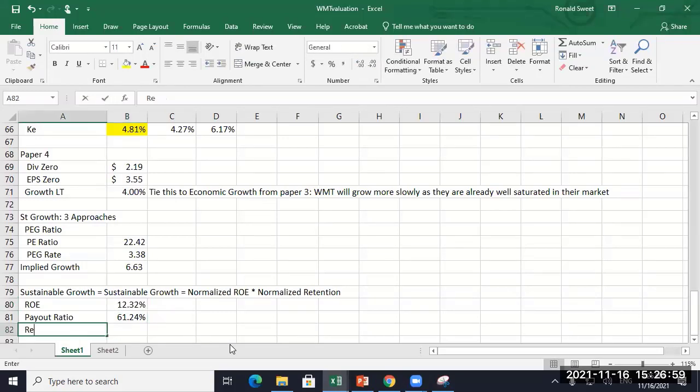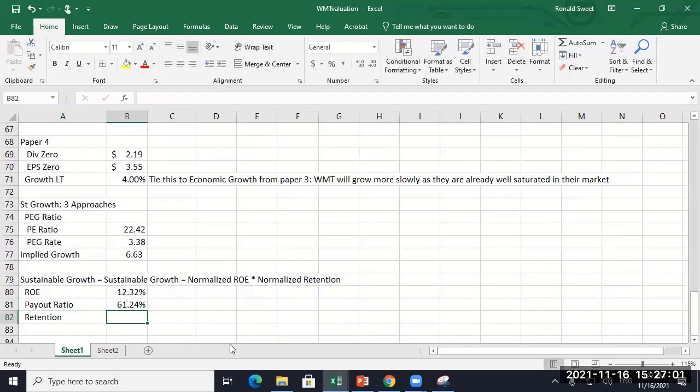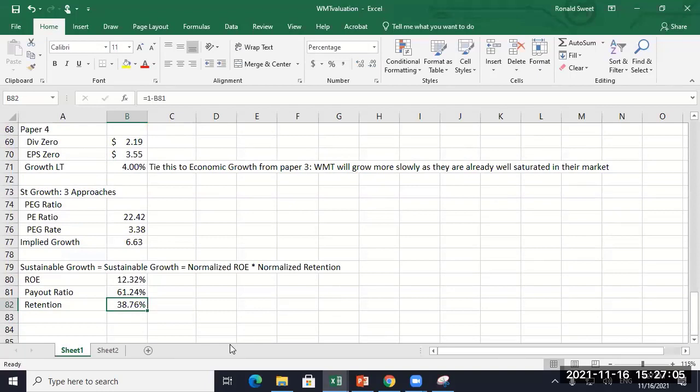So what is my retention? Well, if your payout's 61%, then 1 minus that is your retention. Your retention is 38%. So the implied growth here is ROE times retention, which gives us a lower number, 4.78%. But you're not going to get the same. In fact, you can get radically different numbers doing this approach.